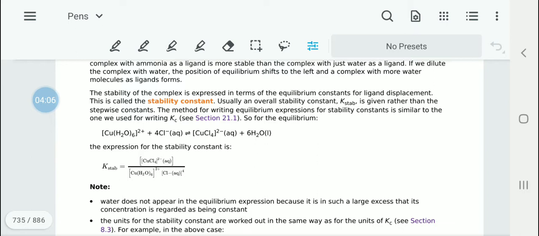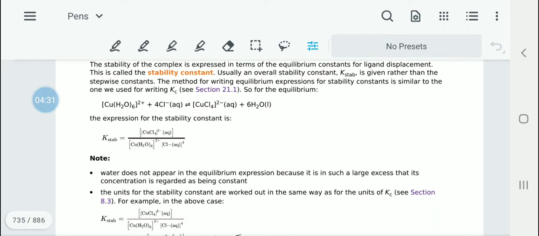So here, the copper and water ligand complex, when replaced with the chloride complex, you get CuCl4 2- plus water. So the products are CuCl4 2- aqueous, and obviously we don't consider water, divided by the copper water complex and Cl- ions.